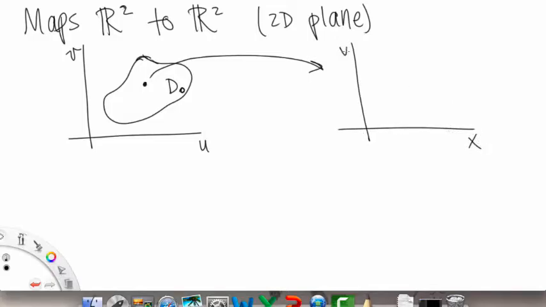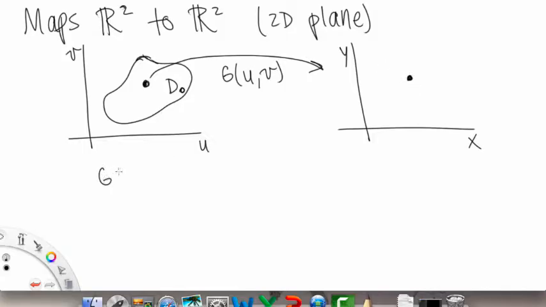So for example, x and y. Now we're taking this point here, let's say, so g, some function of u and v, takes a point from the uv plane, some point in the domain, and maps it all the way over here into another point. But now this is an xy point.